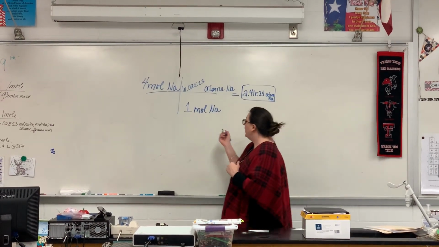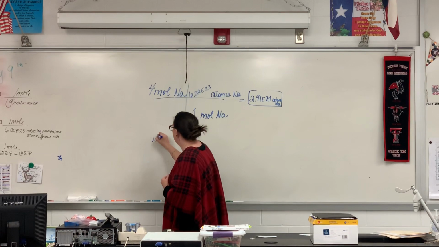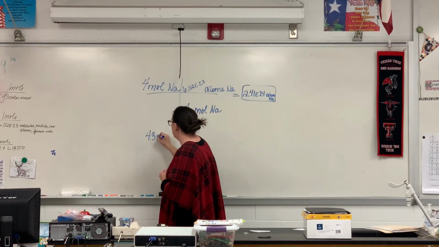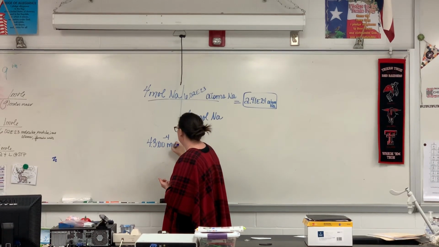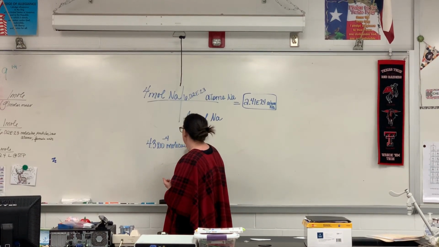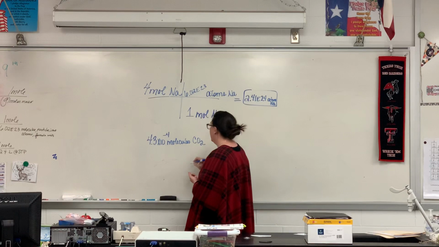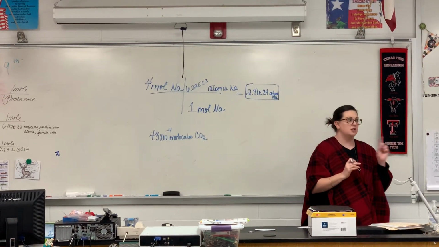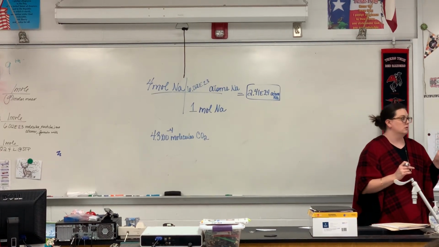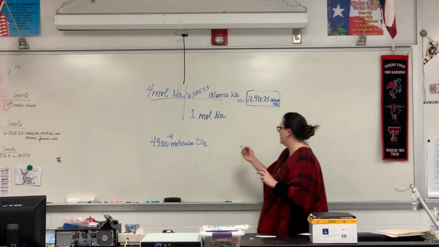Now, what if I were to give you this? We have 4.3 times 10 to the negative 4 molecules of carbon dioxide. And I want to know how many moles that is. Molecules is not moles. I set up my train track.